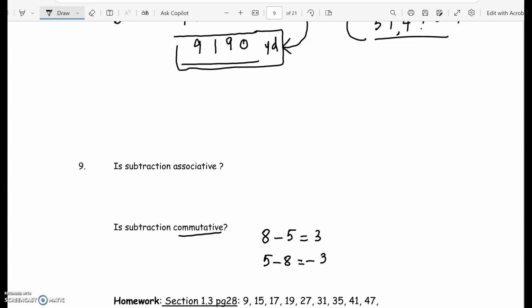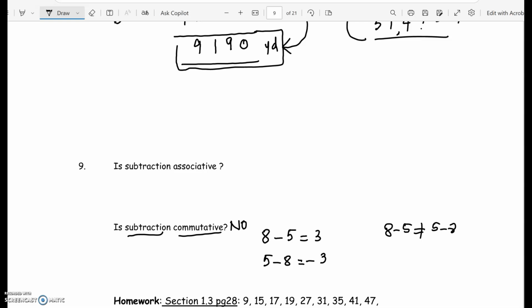When you go 5 minus 8, it's equal to negative 3. Now, definitely, these two are not equal. 8 minus 5 is not equal to 5 minus 8, which means that the commutative property does not work for subtraction. So for subtraction, we do not have the commutative property.